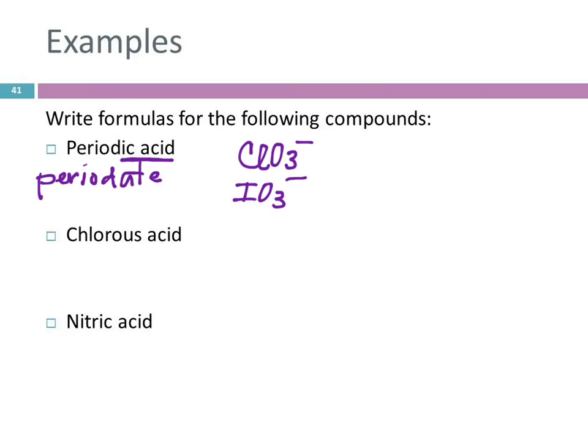Per-iodate has an extra oxygen. So per-iodate is IO4 with a -1 charge. You see how I did that? Now I'm going to look at the charge. It's -1. That tells me I need 1 hydrogen. And so the formula will be HIO4 aqueous. Okay?